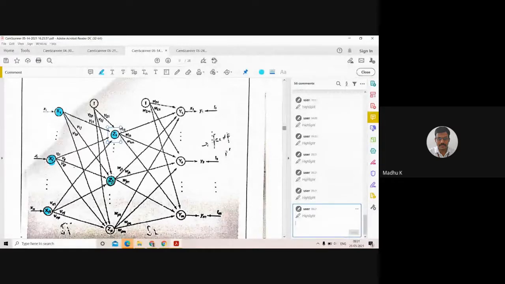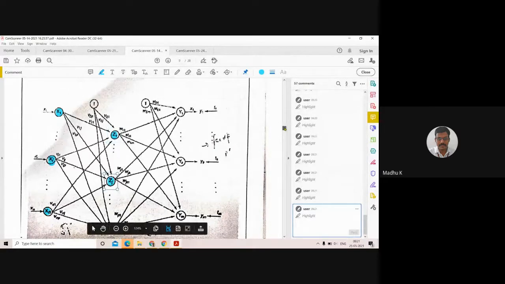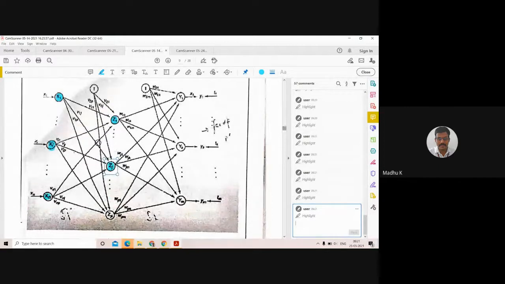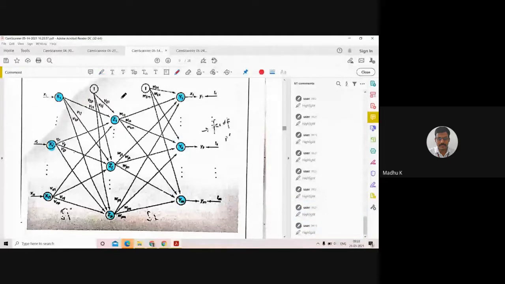Another is the output layer, termed as Y. Now you can note three layers are there: the input layer, the hidden layer, and the output layer.